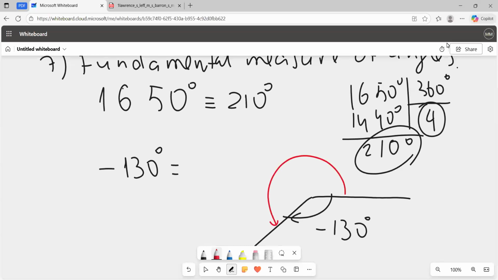With the counterclockwise direction, it's equal to what? 230. It means that negative 130 degrees is equal to positive 230. The fundamental measure of an angle must be from 0 up to 360. It must be positive.